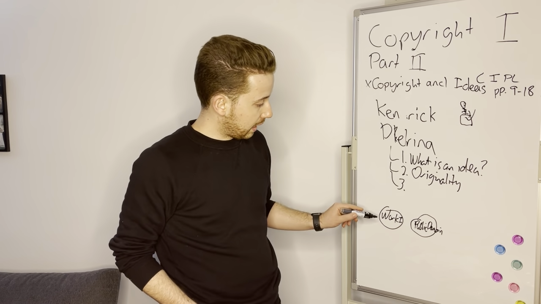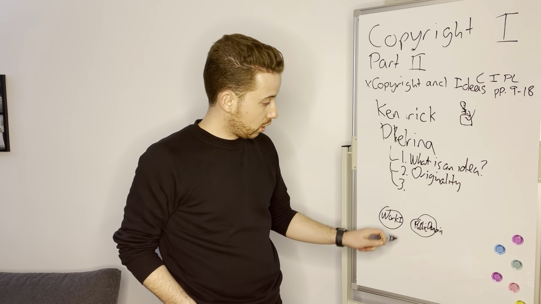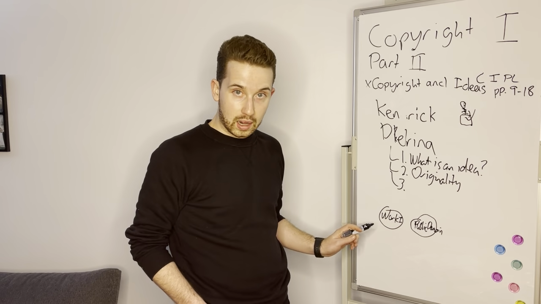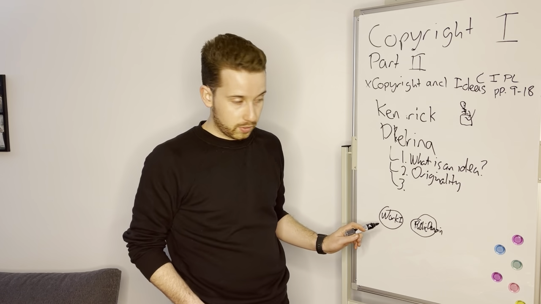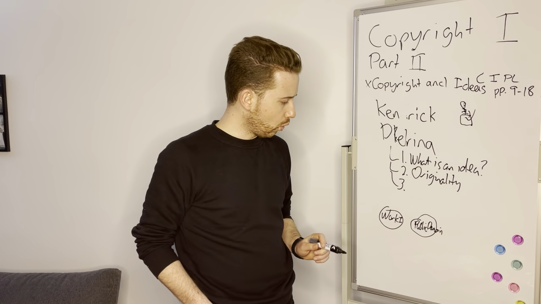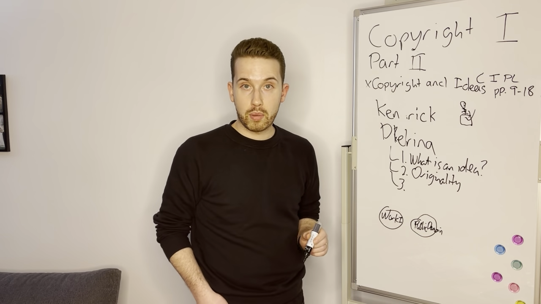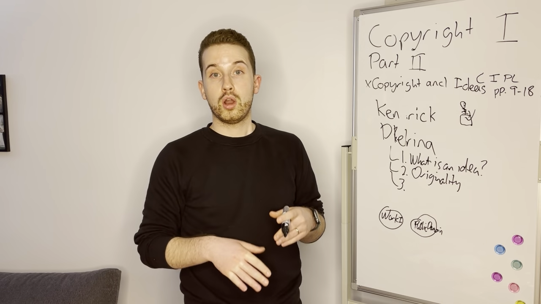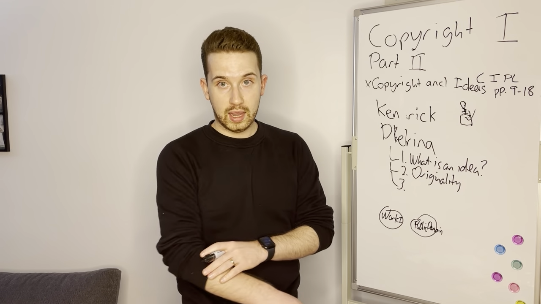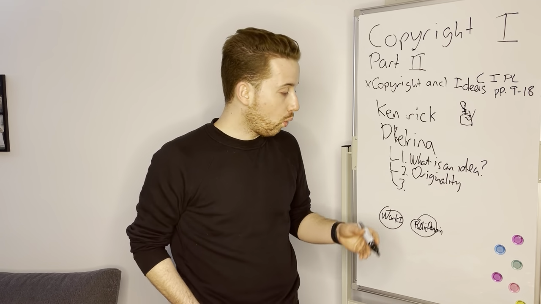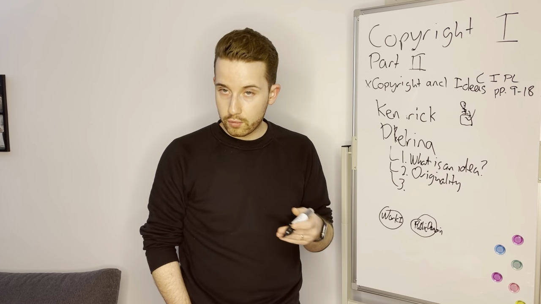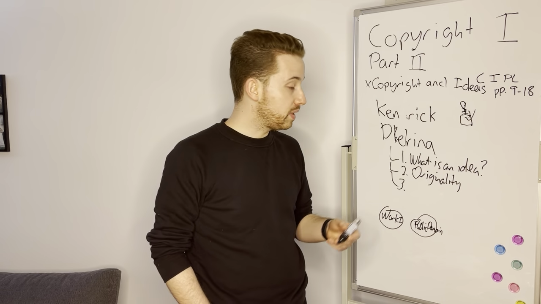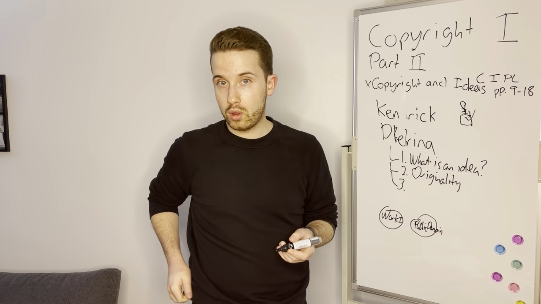And so it has to use neither someone else's copyrighted or copyrightable work, or two, something that is in the public domain. And something that is in the public domain is something that cannot be protected by copyright law, or, as a result of the period of protection expiring or something else, has become publicly available to everyone.